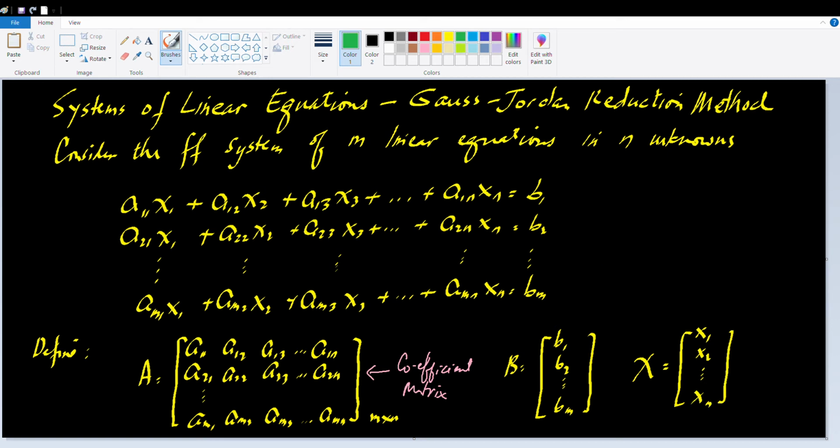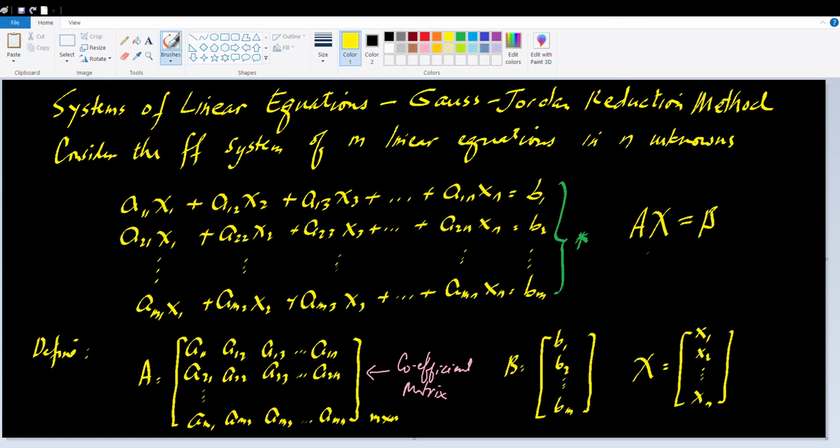So clearly, this system of equations, which we are going to denote by star, can be written as a product of matrices A and X equal to the matrix B.